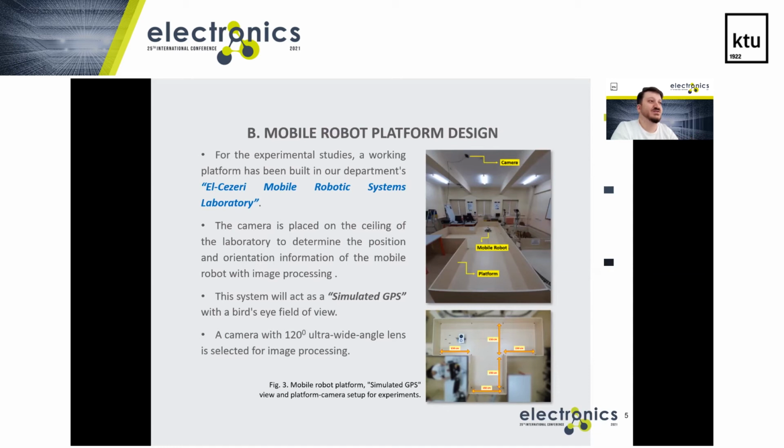This is called a simulated GPS. It's like a bird's eye view. It has a bird's-eye field of view. We used an ultra-wide angle lens with a 120 degree angle for image processing, and we can see that it needs heavy distortion correction because of this ultra-wide angle lens.